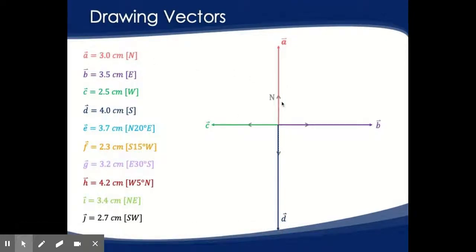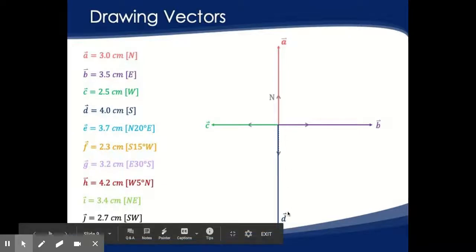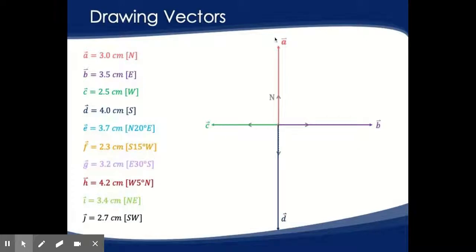Notice how the magnitude of the line matches the magnitude of the measurement, right? My 4 centimeter line is almost twice as long as my 2.5 centimeter line. So they do need to represent the scale that they're showing. So E is 20 degrees east of north. Think about where east of north would be, right? So it'd be over here in this quadrant.